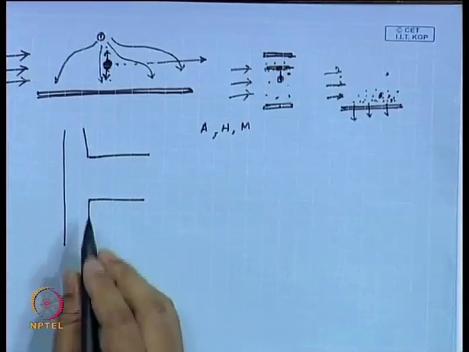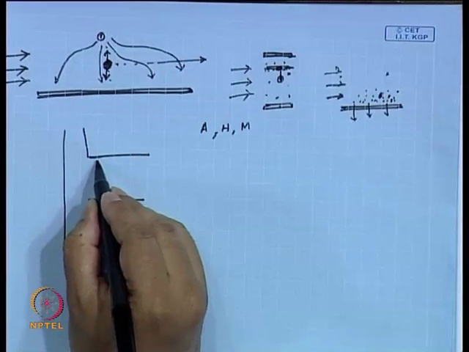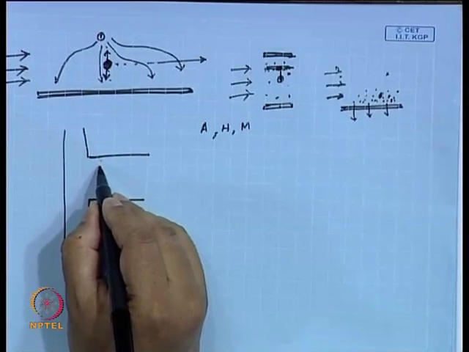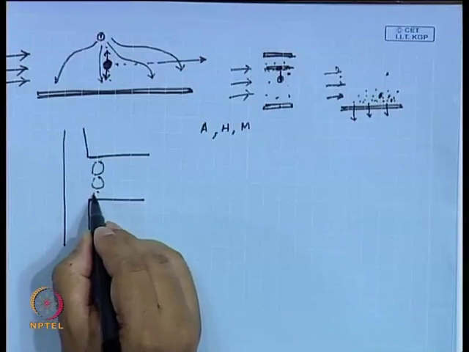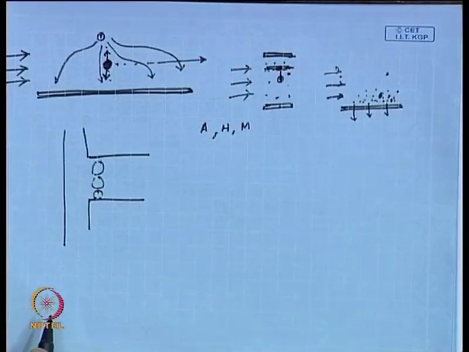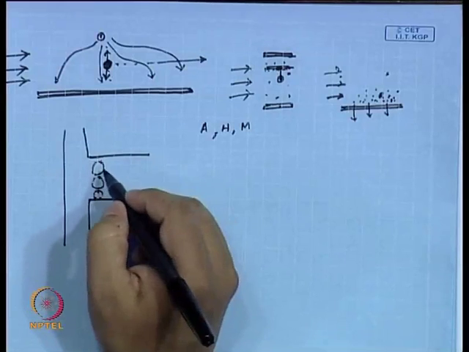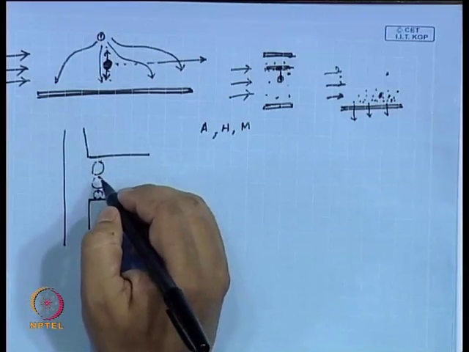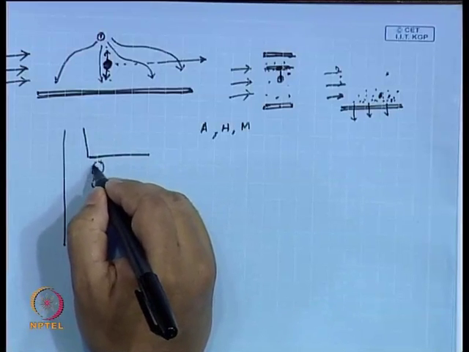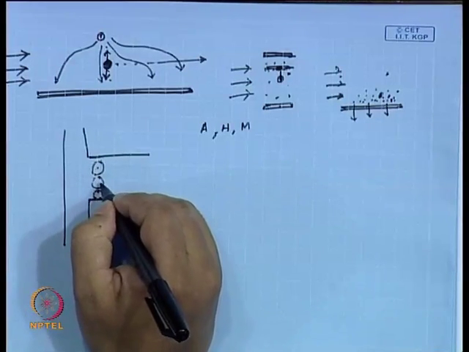You have a channel like this and you have pillars placed here. These are called posts on the channel with a hydrogel jacket around them.